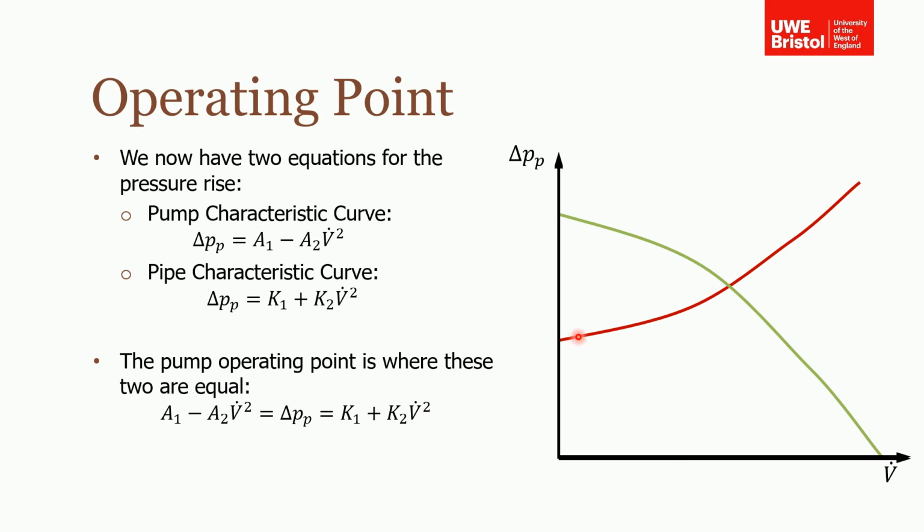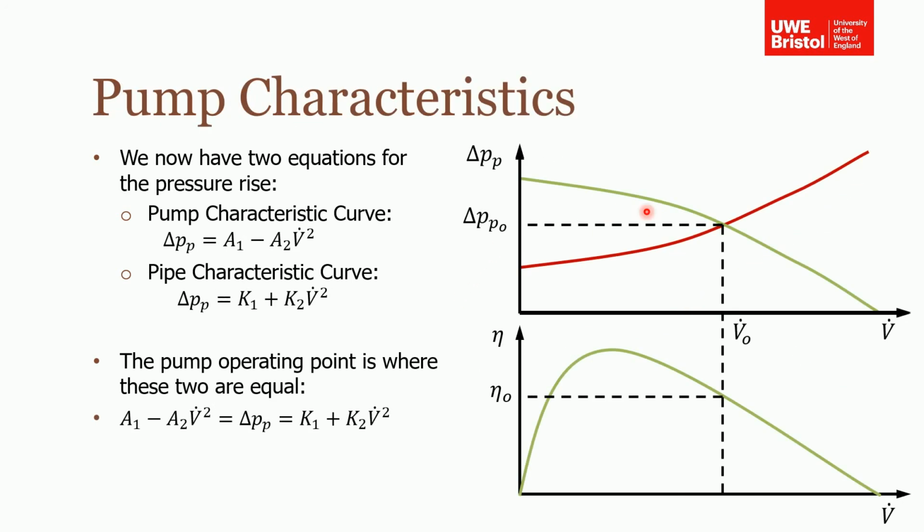Or if you prefer, you can plot it: if you know K1 and K2 you can plot that on a graph, and you'd know the pump characteristic curve, you can plot that, and then find where the two intersect to get the volumetric flow rate. So this is the pump operating pressure, and this is the operating volumetric flow rate.